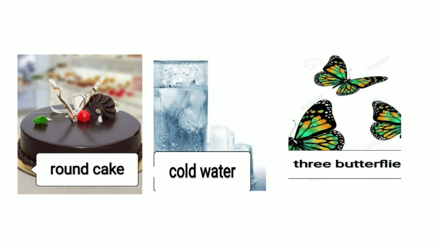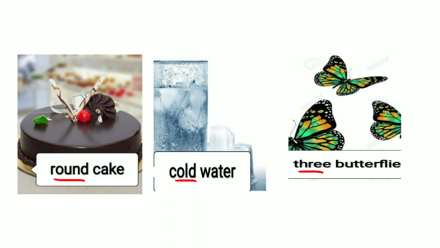Next picture. It is a picture of a cake. How is the cake? Round. So we are describing this cake as round. Round is the describing word. Next, cold water. How is the water? Cold. So cold is the describing word. Three butterflies. How many butterflies are there? Three.